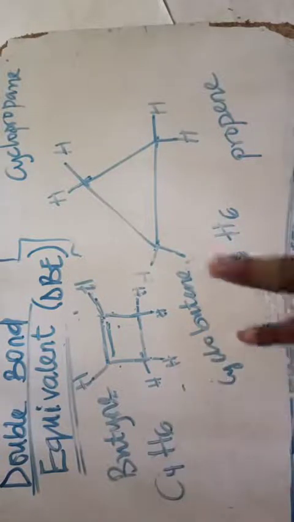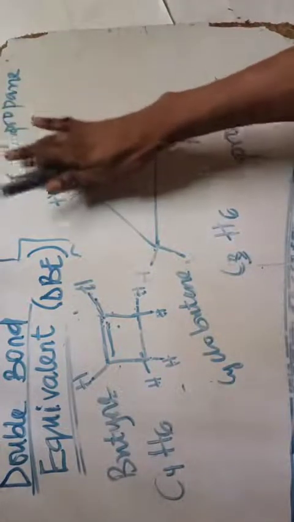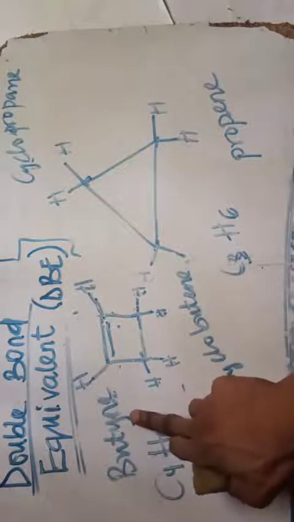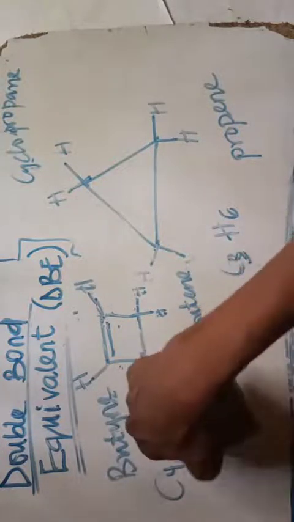So if I add cyclo to a compound, it gives me the next upper series. If you add cyclo to propane, you have cyclopropane. If I add cyclo to butane, it will give me cyclobutane.